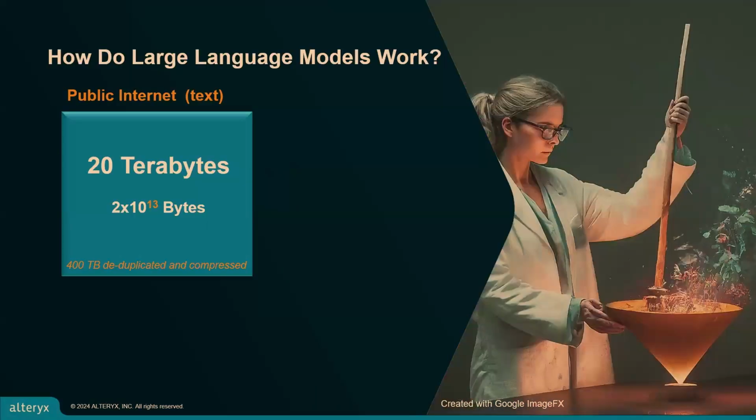So how does it work? To build a large language model, you essentially go out and scrape the entire corpus of text data it can get off the internet, on the order of 20 terabytes of data. By doing that scraping, it's trying to anticipate this idea of language, kind of like what we just did, but on a larger scale.